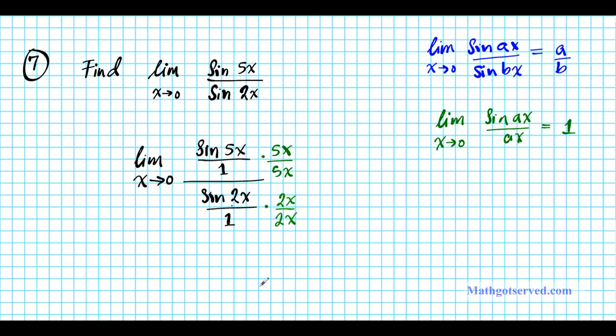So this is how I'll arrange it. I'll take this 5 and insert it in front of the sine function, and then this 5x goes in the denominator, and then this 2x goes in front of the sine function, and this 2x goes in the denominator right here.